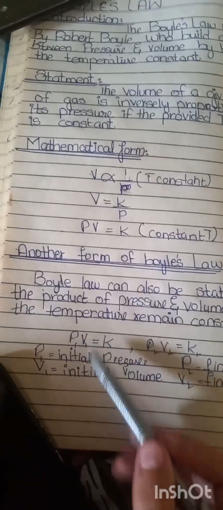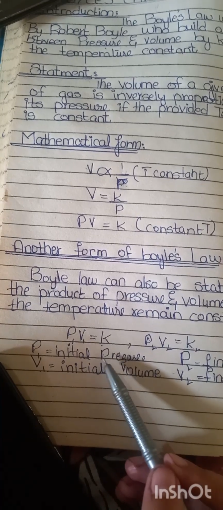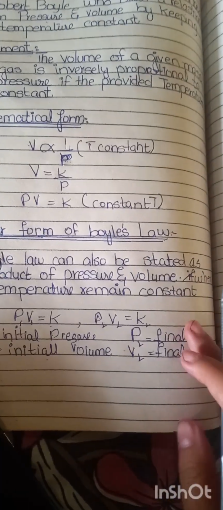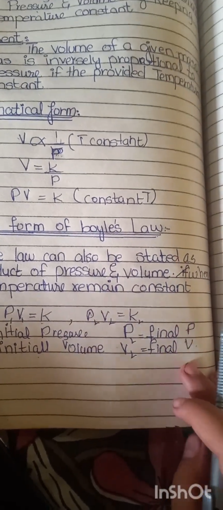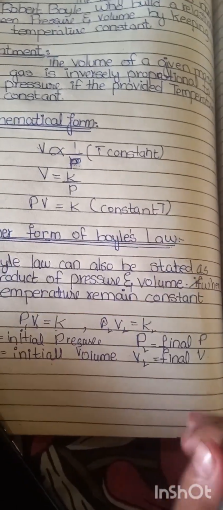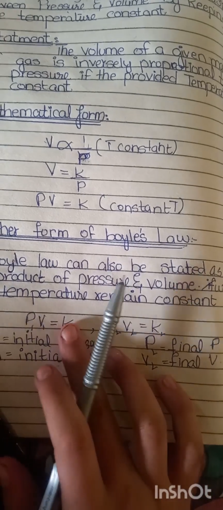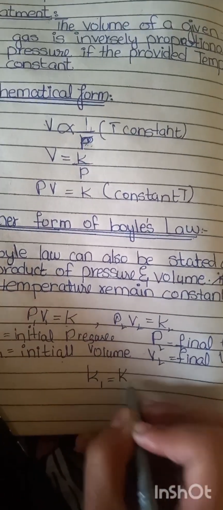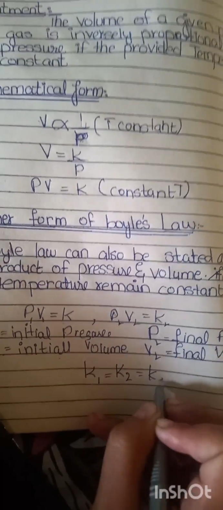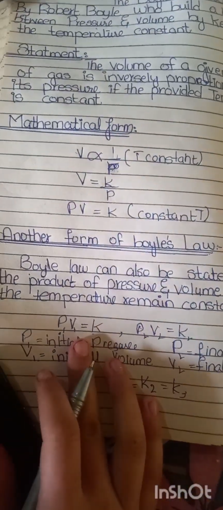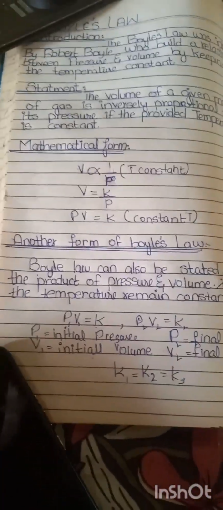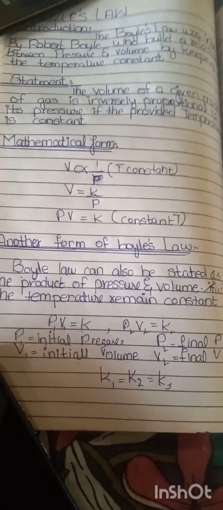If we get the product of initial pressure and initial volume and then calculate the product of final pressure and final volume, we will always get the value of K, and the value of K will be equal to K2, K3 always. So the product of initial pressure and volume will be equal to the product of final pressure and volume. This is another form of Boyle's law.